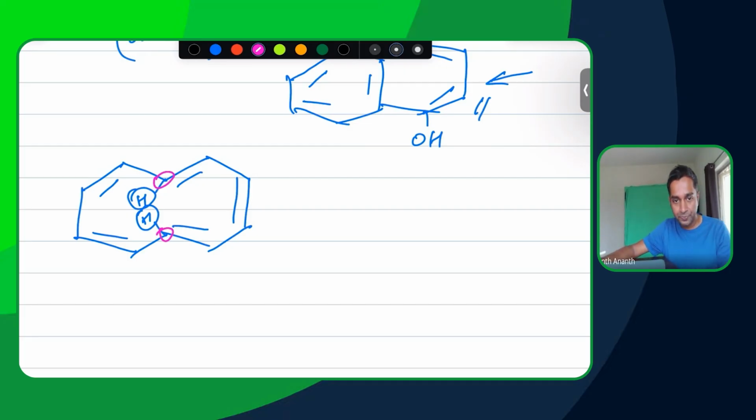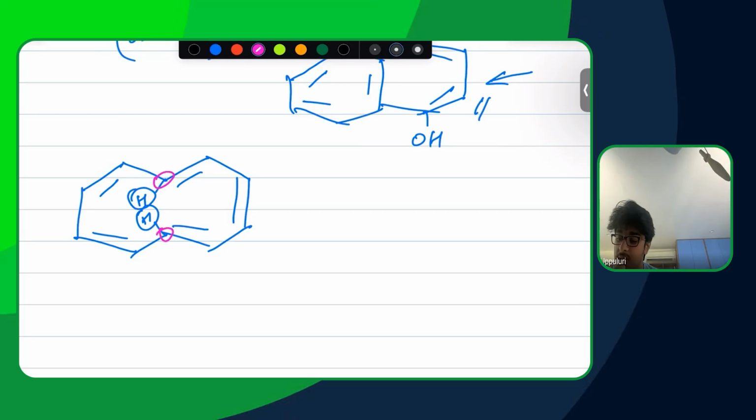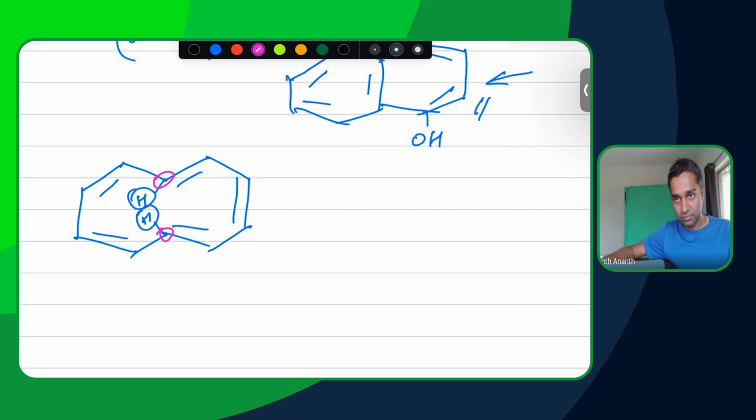Now let's see. Option A. Whenever you are given this kind of shitty question, go back to the rules given in your class. Look for conjugation. Only conjugation. Don't think too hard. Limit your brain power there and only look for conjugation, nothing else. Option A, resonance, yes.